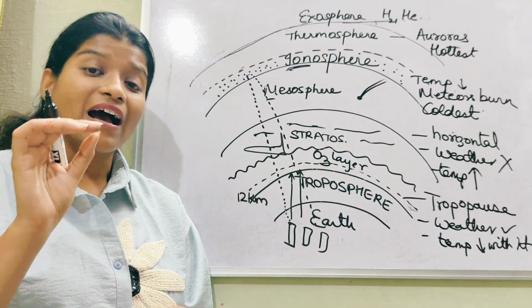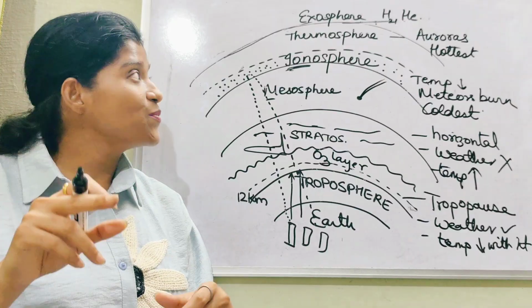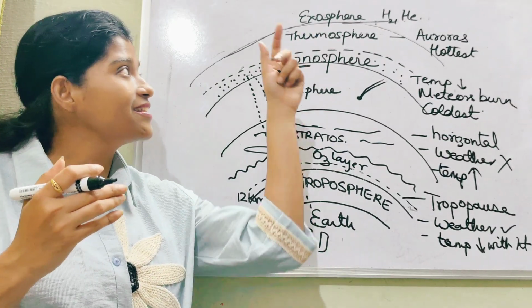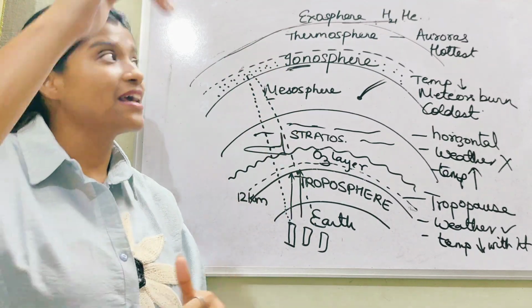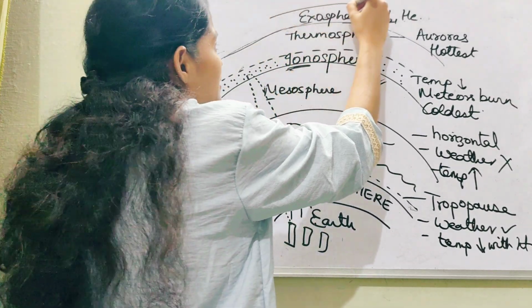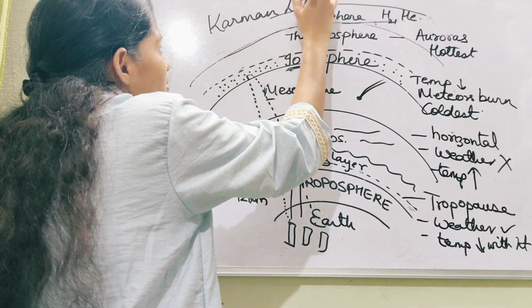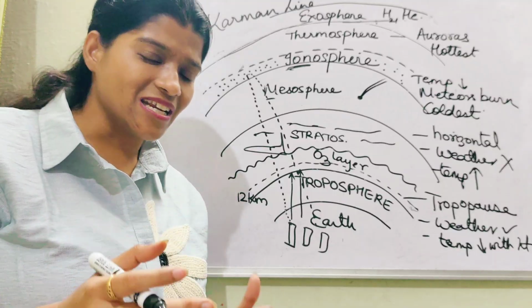But yes, according to scientists, there is an imaginary line which separates the exosphere from the outermost space. That line is called the Karman line. This line is just an imaginary line.